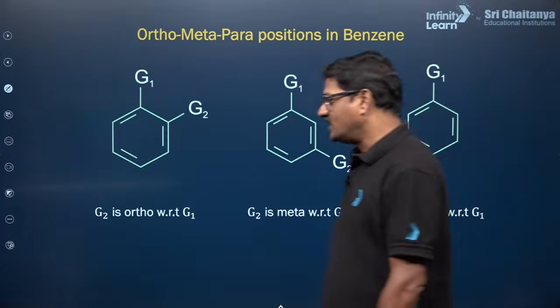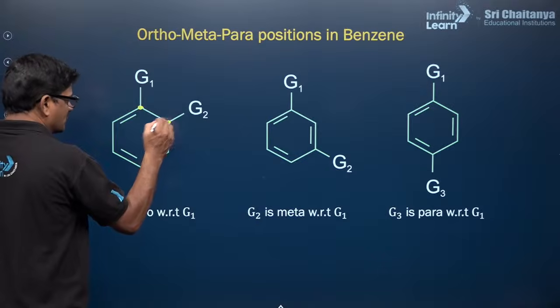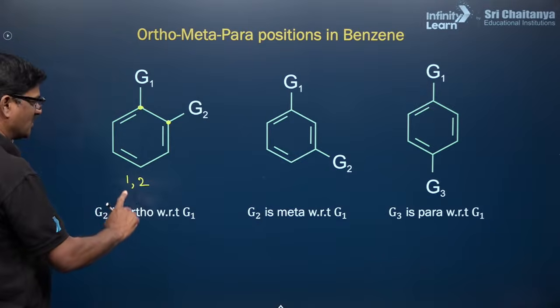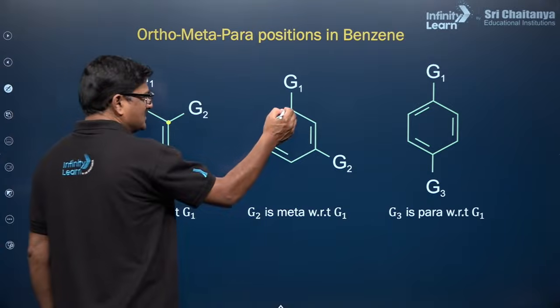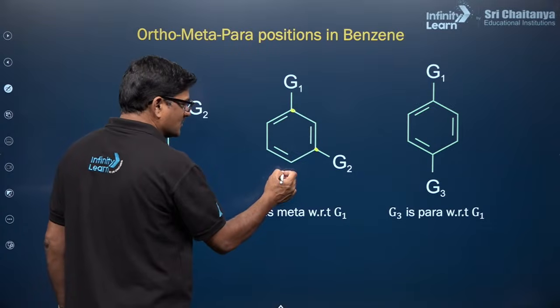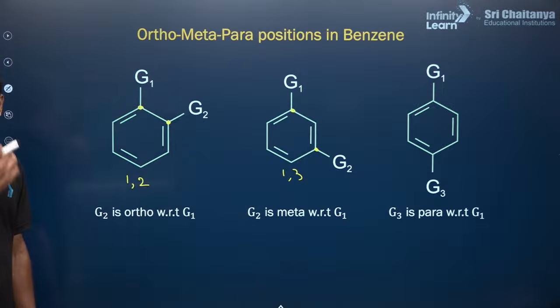Now, the ortho, meta and para positions of benzene you need to know. So, this is the benzene. If these two groups are at 1, 2 positions, G2 is ortho with respect to G1, where G stands for a group or an atom. And this is called 1, 3 positions, so G2 is meta with respect to G1.